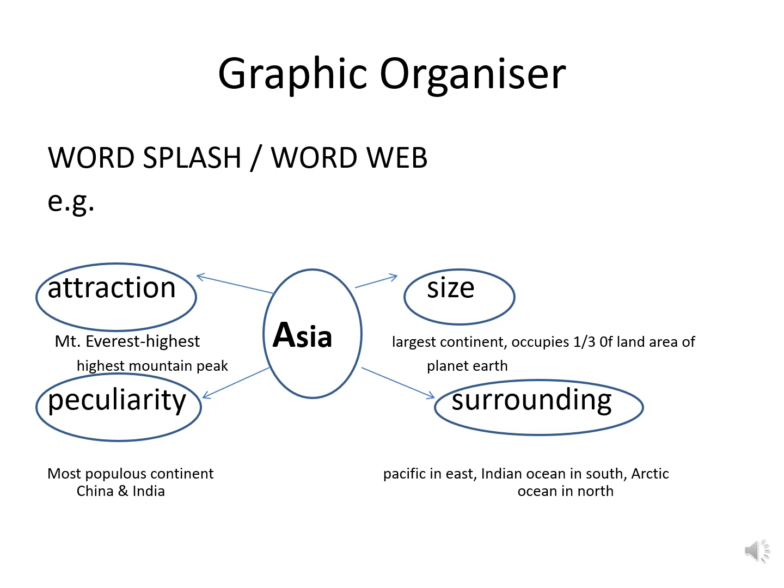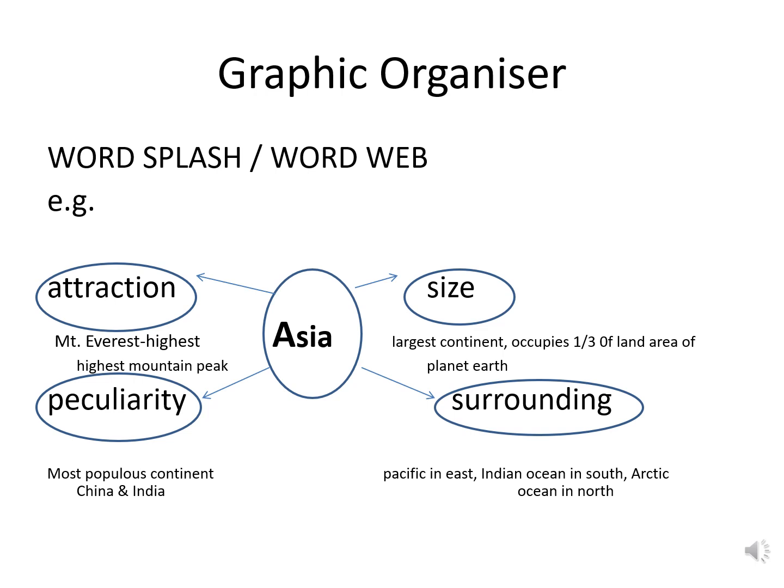Coming to the next point, write about any of the attractions of that continent. Now if we talk about Asia, Mount Everest is the highest mountain peak in the world. Mount Everest is in Nepal and Nepal is in Asia.